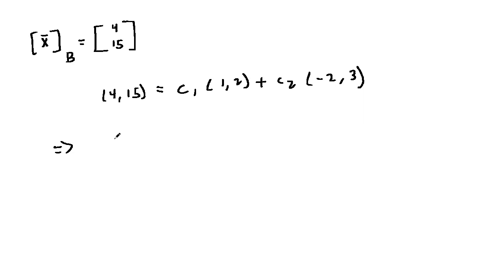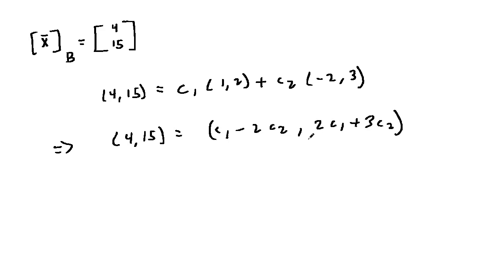So that implies that 4, 15 is equal to this vector. And setting the components equal to each other, we get this.